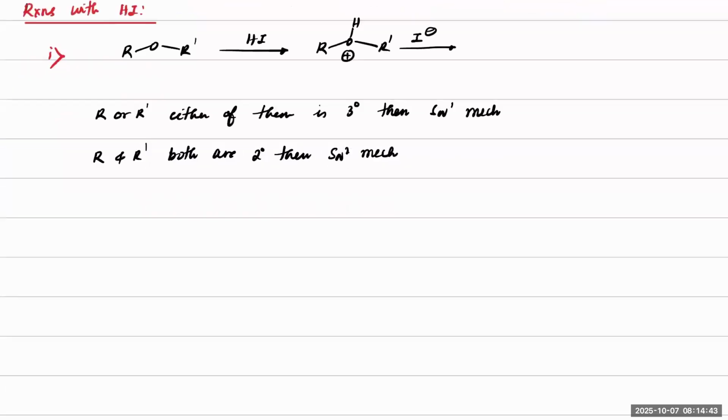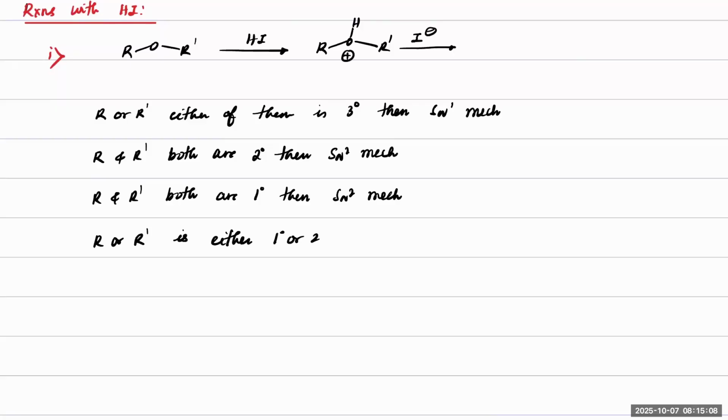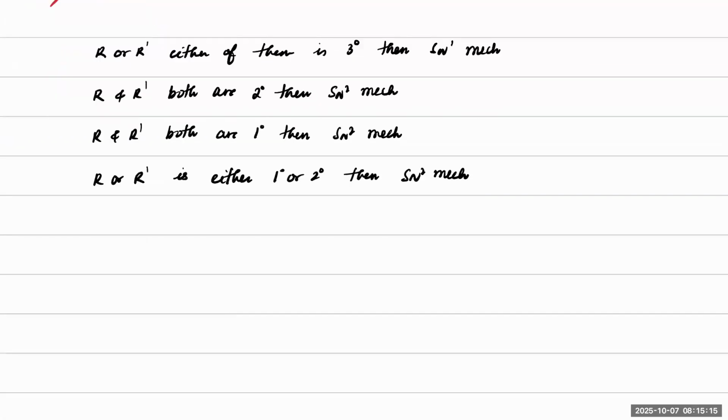If R and R dash both are 1 degree, then also the SN2 mechanism is favorable. And if R and R dash are either 1 degree or 2 degree, then also the SN2 mechanism is favorable. Either of these two is also SN2 mechanism.